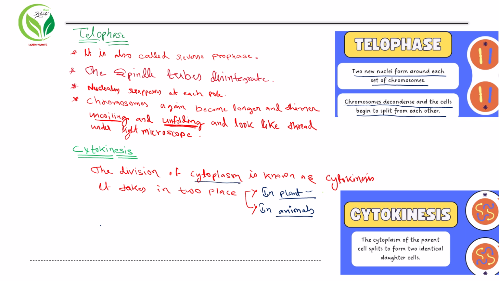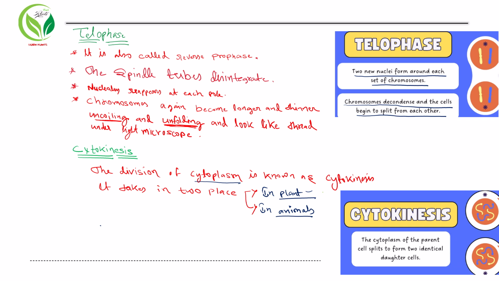Here we can see that in animal cell and plant cell, the cytoplasm of the parent cell is split to form two identical daughter cells.